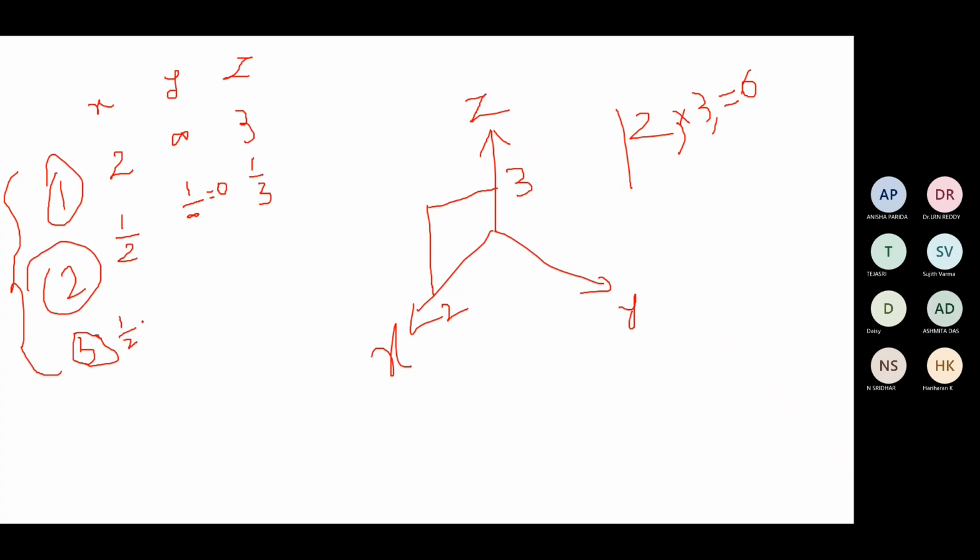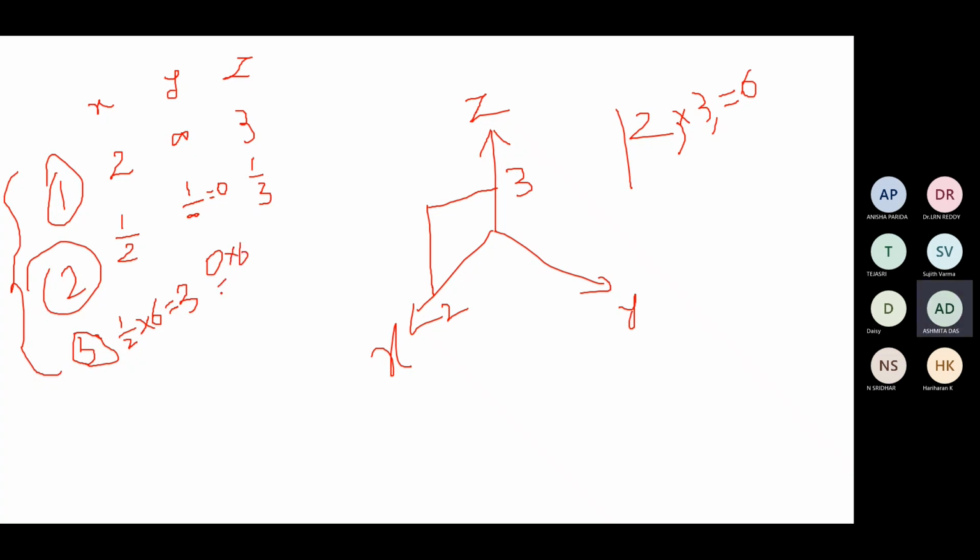So in the third step, 1/2 into 6. What will the value be? 3. Next one will be 0 into 6.